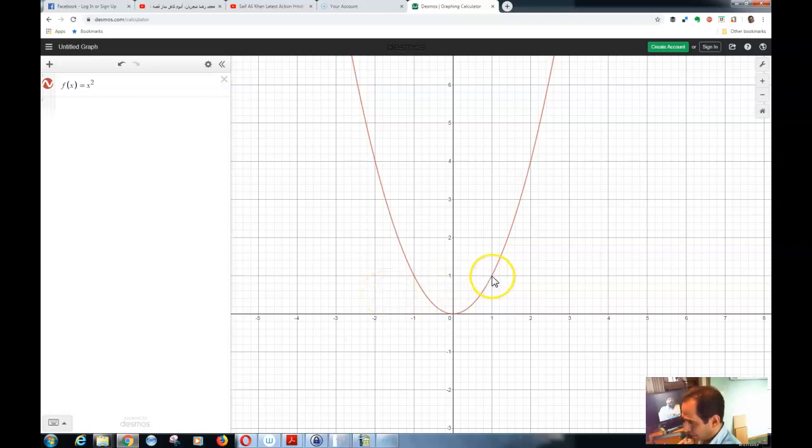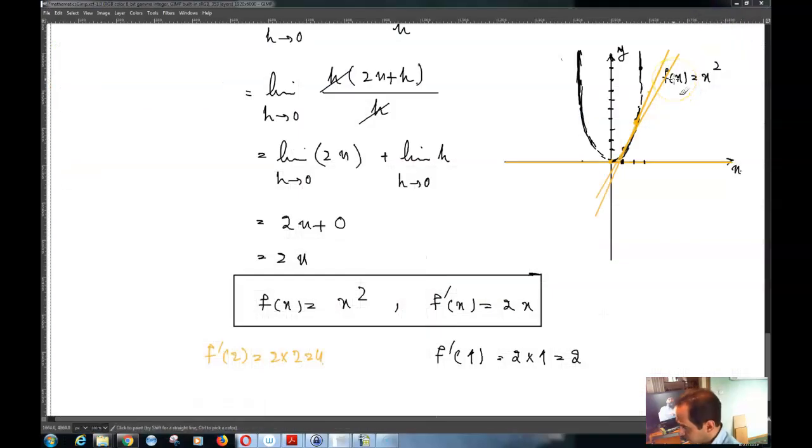Now, at x is equal to 1, suppose that the slope of the function is 2, m is equal to 2.